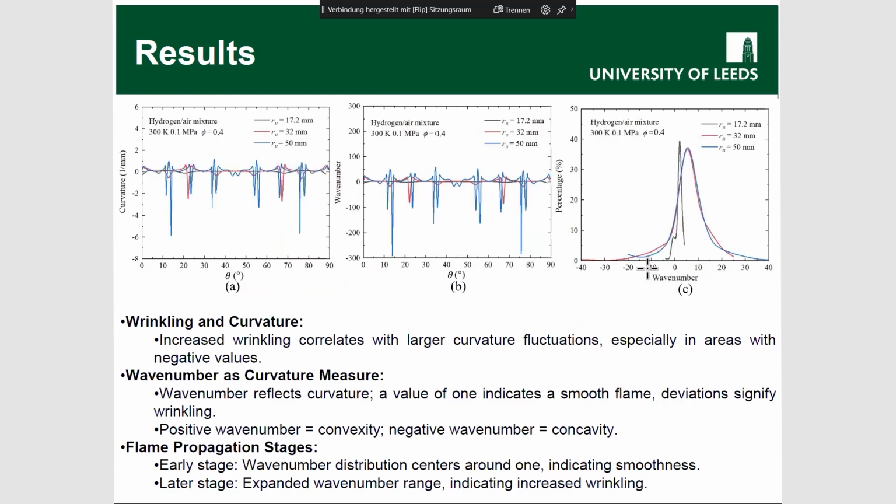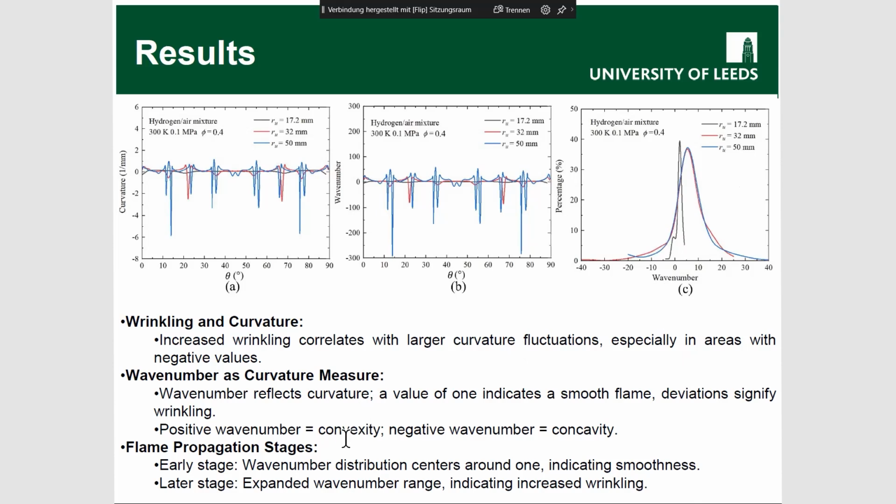And then we do the curvature analysis. We want to use curvature to quantify the morphological characteristics of the flame front. As we can see in figure C, it shows the evolution of the originally smooth flame to a highly wrinkled flame surface. Figure C is the relationship between the percentage of the flame front and the wave number.